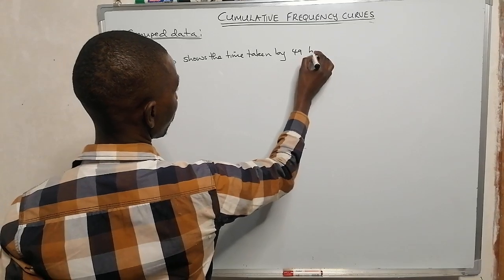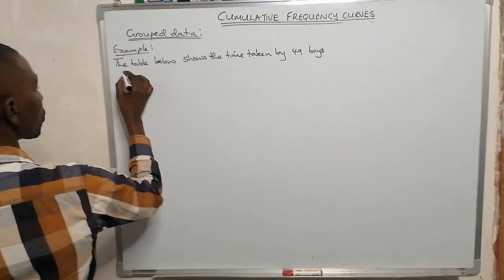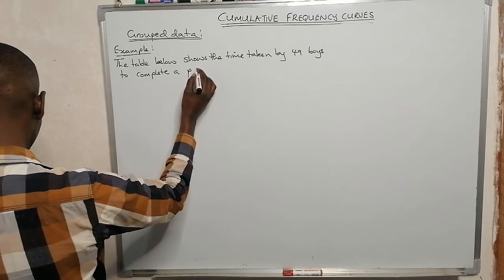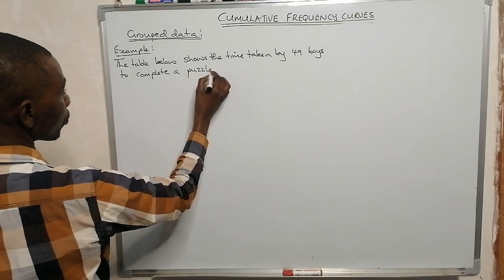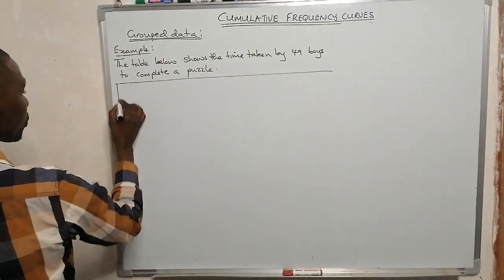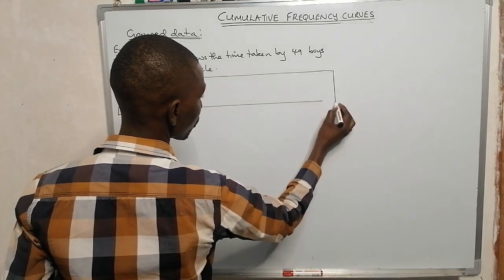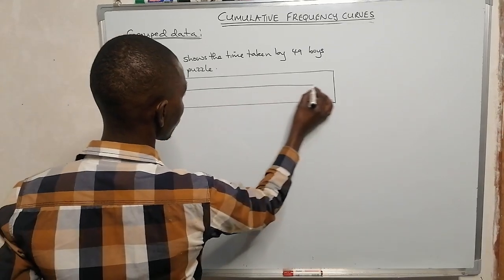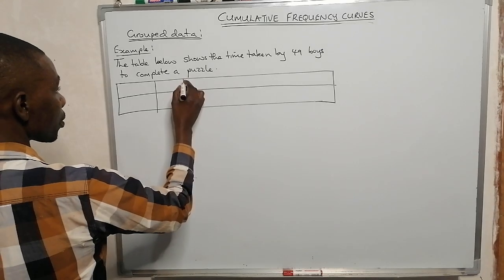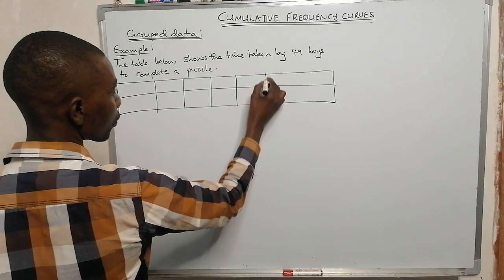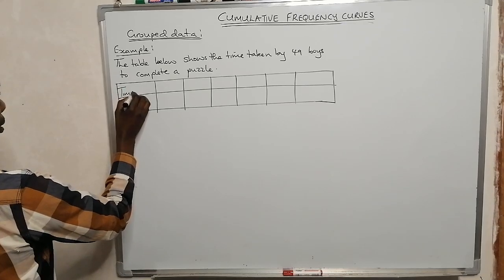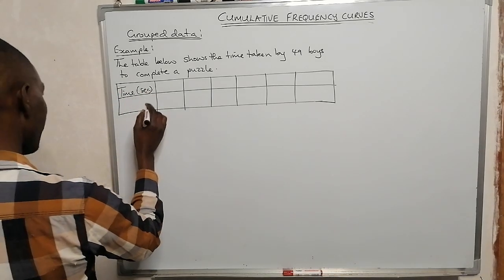So that's the table. Here we have time in seconds, then we have frequency.